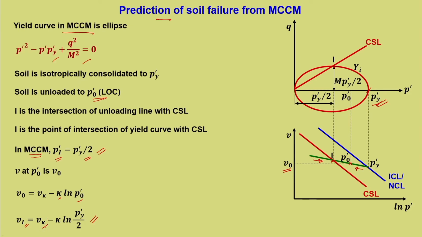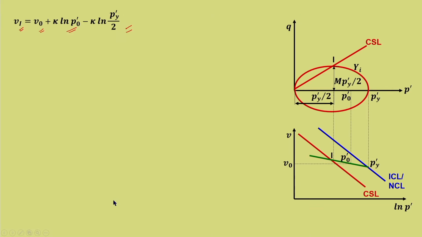We are substituting for v kappa: v kappa is v0 plus kappa ln p'0. So vI can be written as v0 plus kappa ln p'0 by p'y by 2. Same thing is written. Now, based on the critical state line, we can also write vI is equal to gamma minus lambda ln p'y by 2, the same point, but from the critical state line.